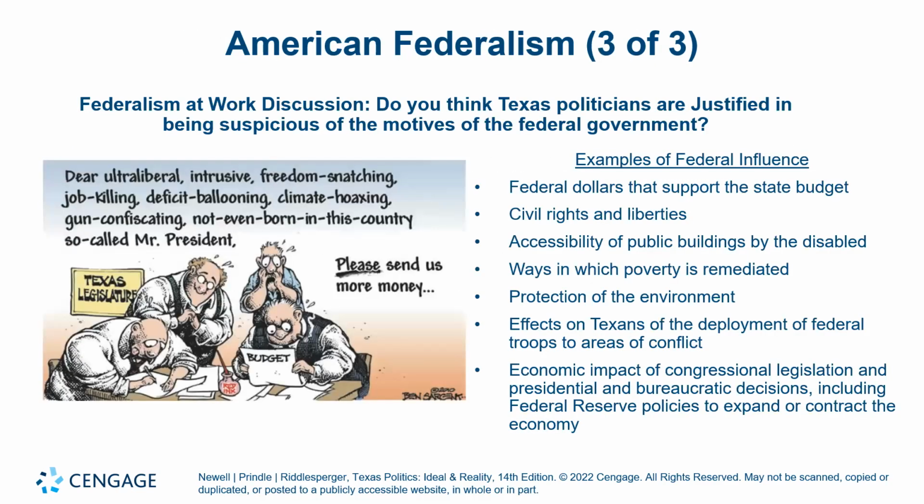So again, let me also mention that these are some other examples of federalism. Examples of federal influence, like I was talking about, federal dollars that support the state budget, as I was mentioning earlier.